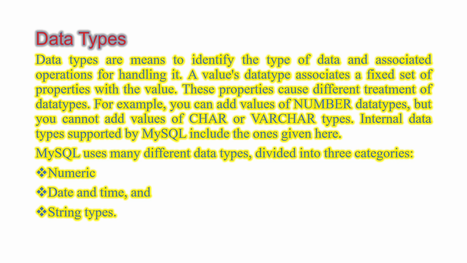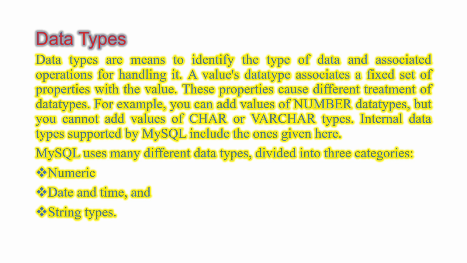Data types. Data types are means to identify the type of data and the associated operations for handling it. A value's data type associates a fixed set of properties with the value. These properties cause different treatment of data types.